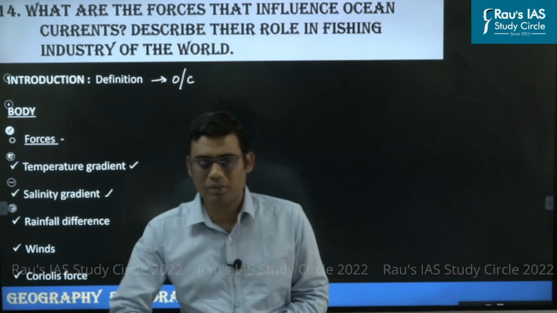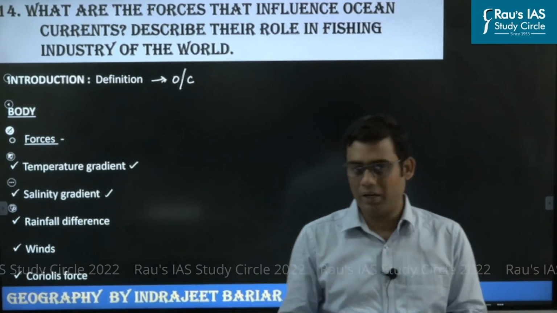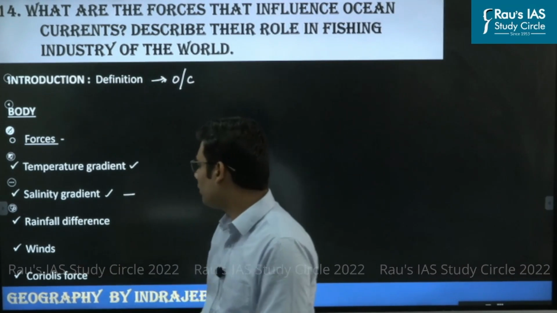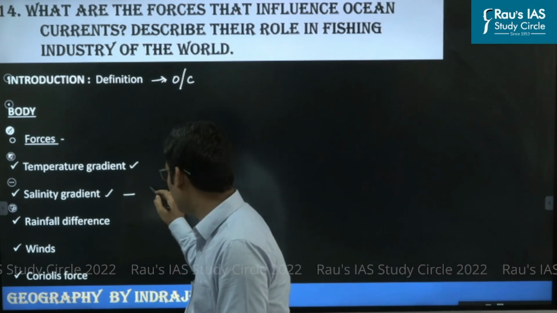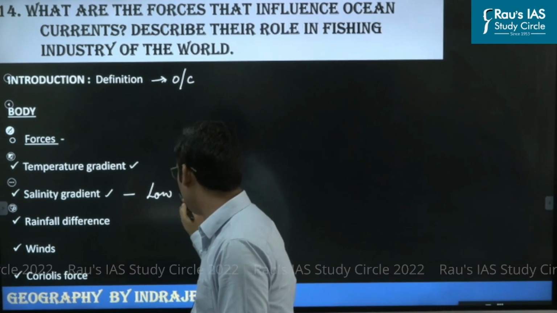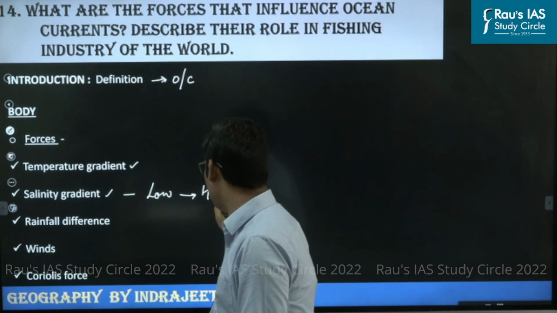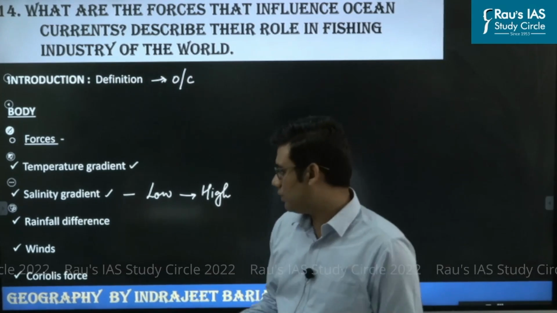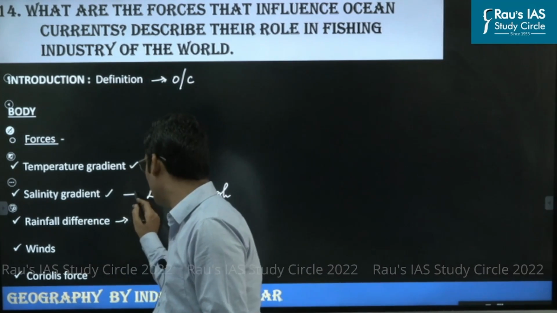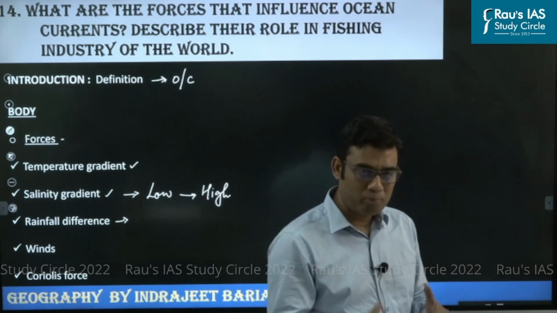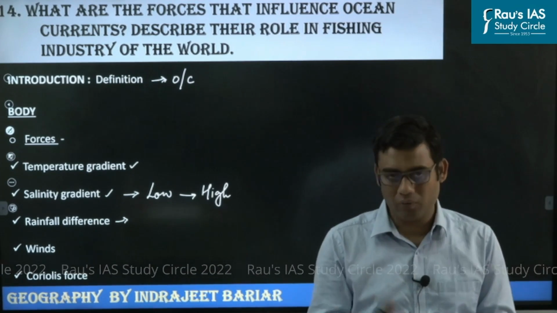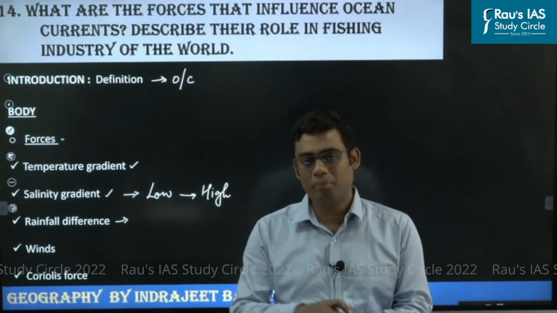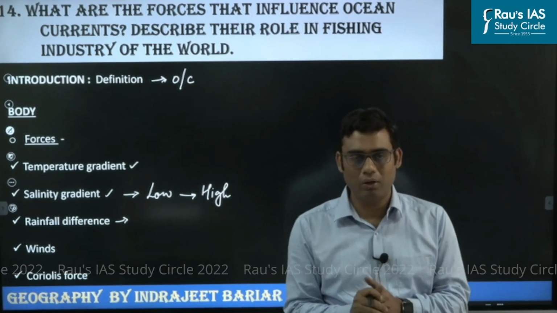Similarly, second, that is salinity gradient. And in salinity gradient, again, the idea is the ocean waters tend to move from the regions of low salinity towards high salinity. Then we have rainfall difference. Very obviously, the regions where rainfall is high, the overall volume of water, or what we can call the net sea level in that particular region, would be more compared to the area of low rainfall.